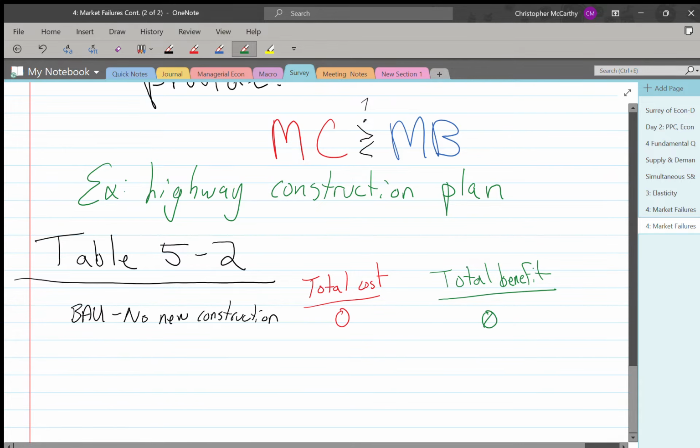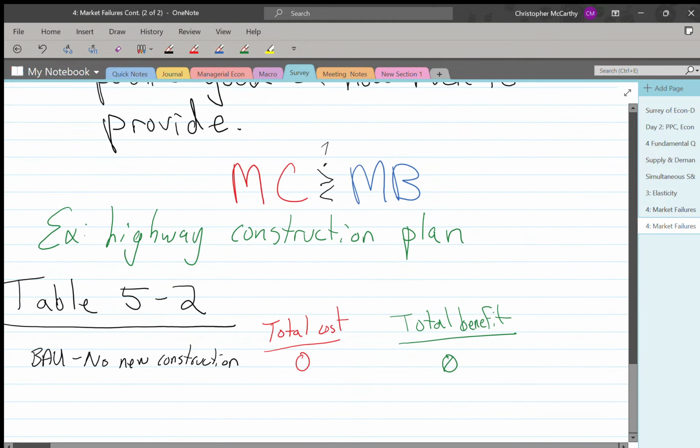And so the net benefit, which is just my total benefit minus my total costs, well, for this one, it's 0. It's going to be my green minus my red values. So the next one, we have option A, which is to widen the existing highways.